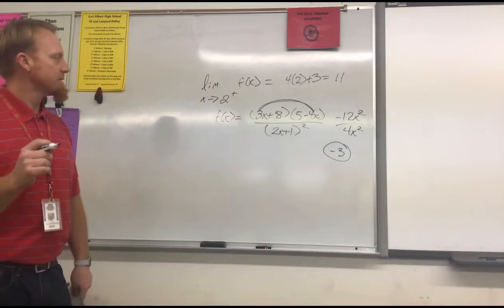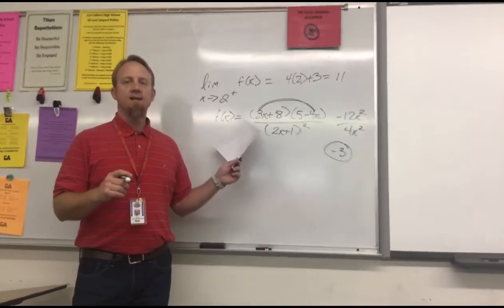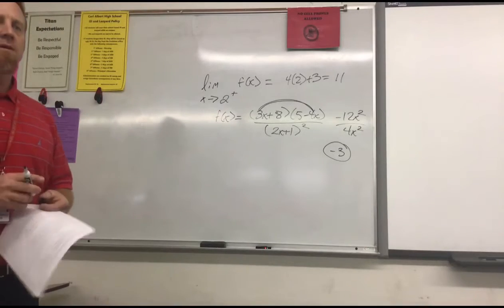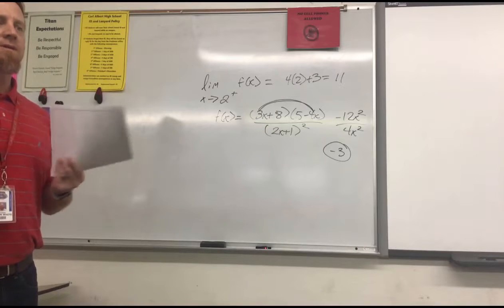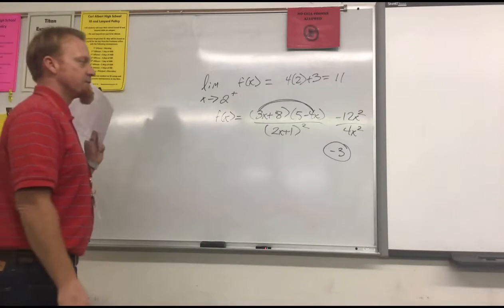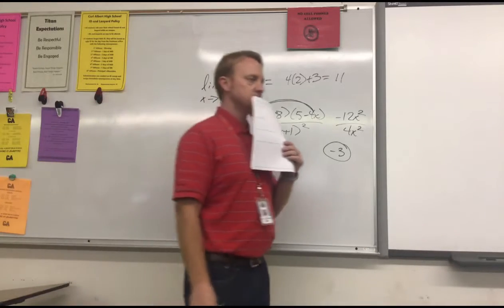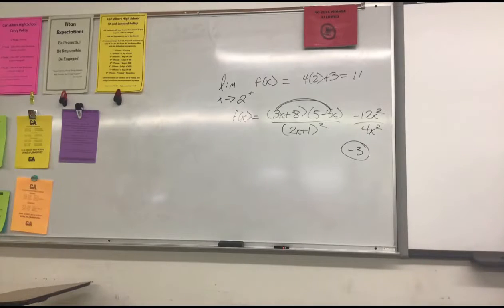Technically, does anybody know technically what we're doing here whenever we find the horizontal asymptote? What is it we're interested in if we're finding horizontal asymptotes? My y.